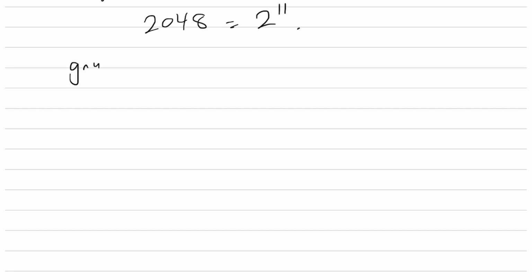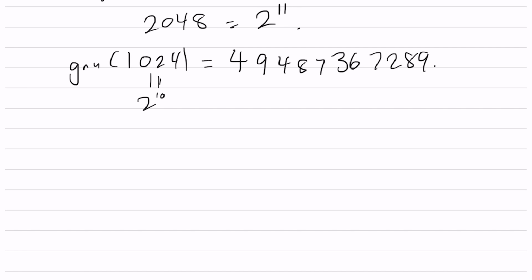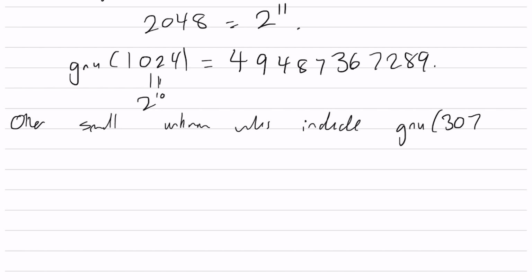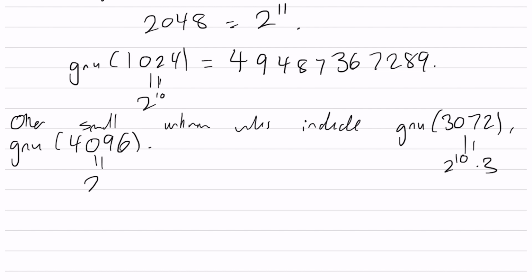We have the exact value for 1024, which is 2 to the 10. It is in fact equal to 49487367289. It just takes a lot of computing power to figure out values like this. Other small unknown values include 3072 and 4096. Those are the second and third smallest respectively, which are 2 to the 10 times 3 and 2 to the 12.